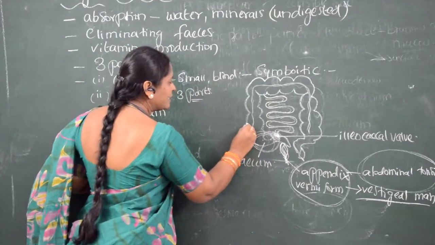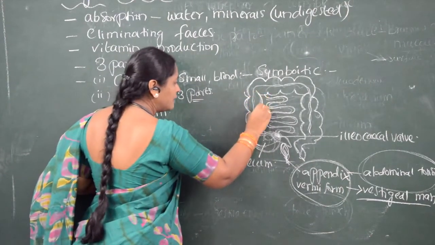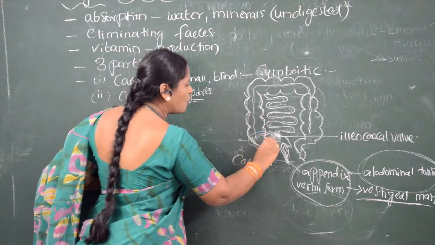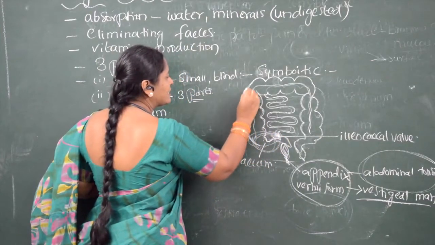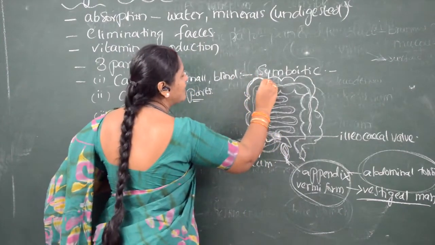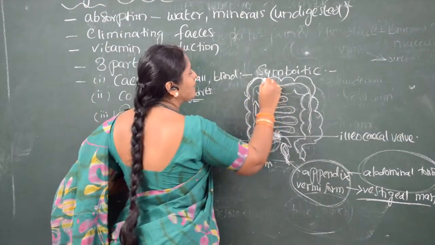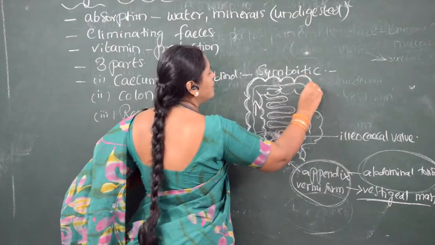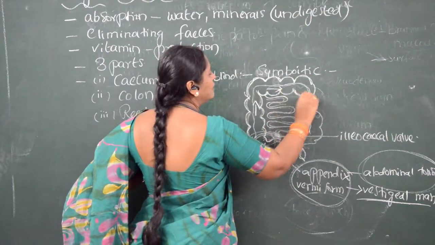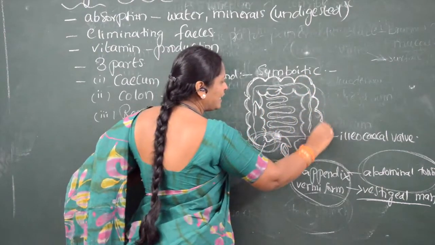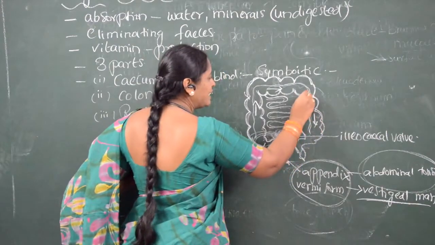This is the ascending part. Another is the transverse part. And this is the descending part.